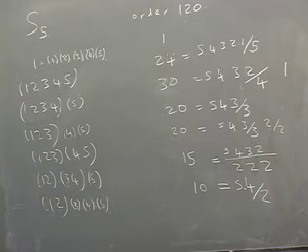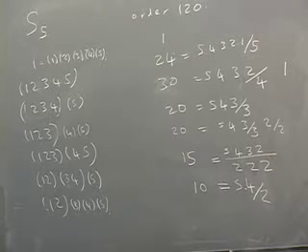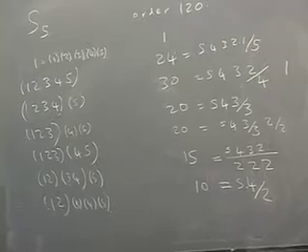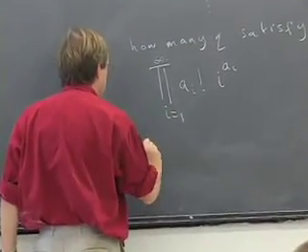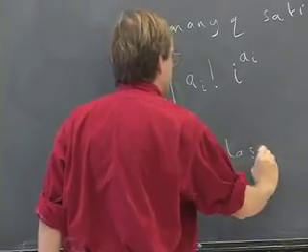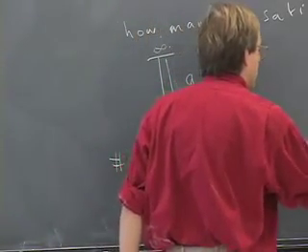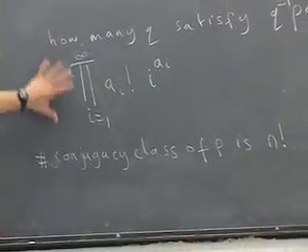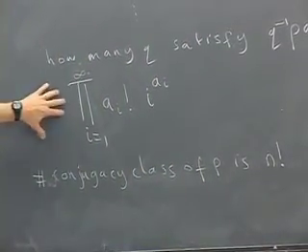So in fact, the formula is: in S_n, the order of the conjugacy class of P is n factorial divided by this thing, if P has cycles of these shapes. I don't really expect you to remember this formula. It's just, seeing as you persuaded me to do this calculation, I might as well write it down.